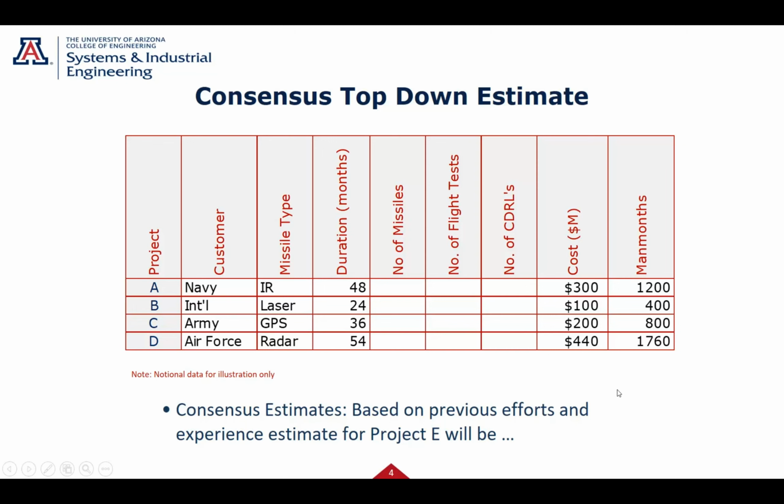So we can come up with a consensus from the team based on data we have on past programs and our experience of how this program relates. We're going to say, here's projects A, B, C, and D. Project E will be this many dollars. It's a nice way of doing this when you have senior people who have been through this and you have the data. Most of your companies have tons of data on past projects that you can bounce this new estimate off of. So that's the consensus method.